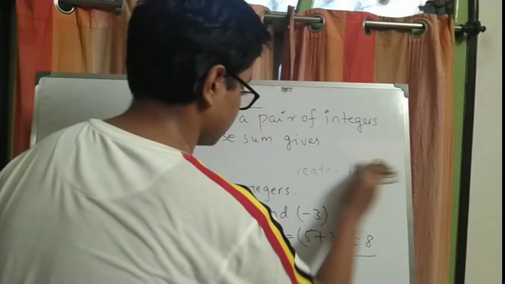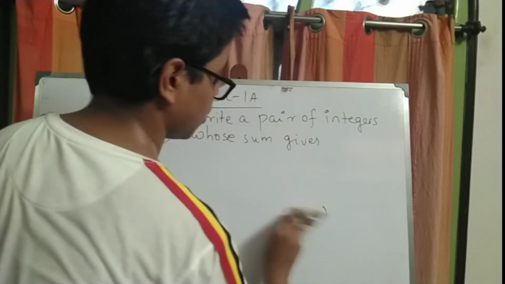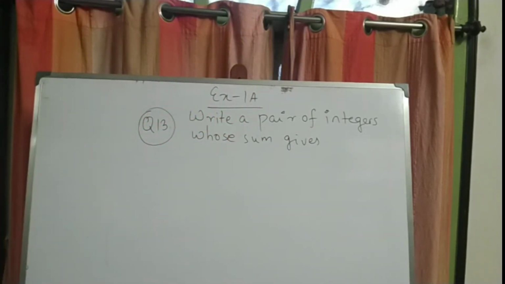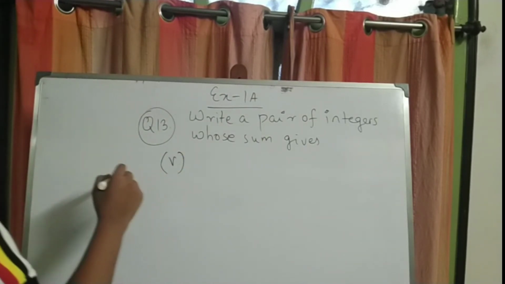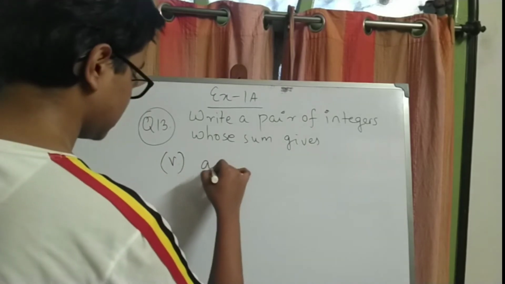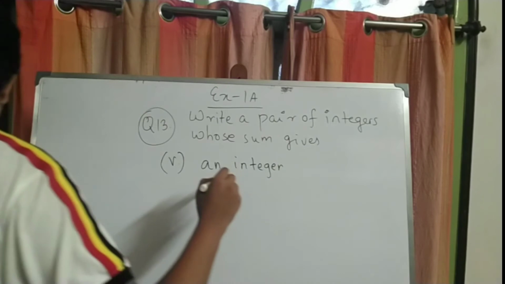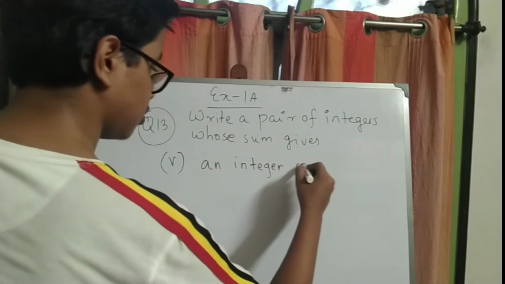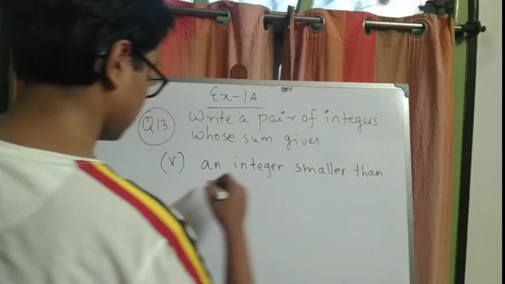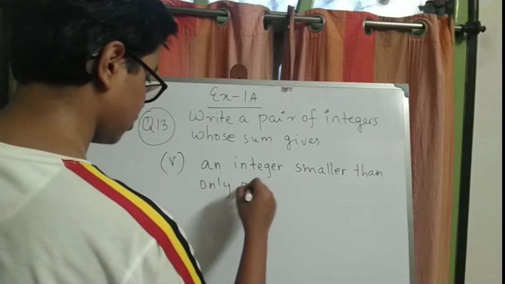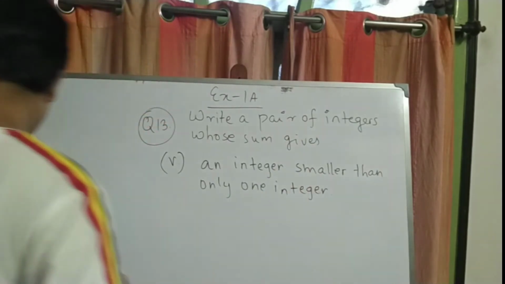Now number 5, the last one, is an integer smaller than only one integer.